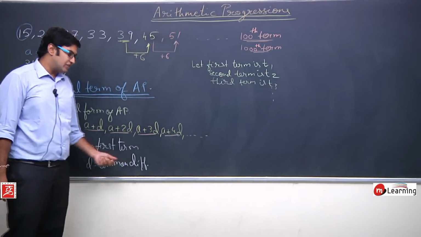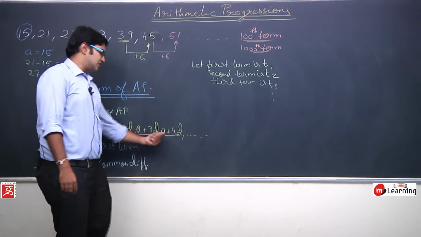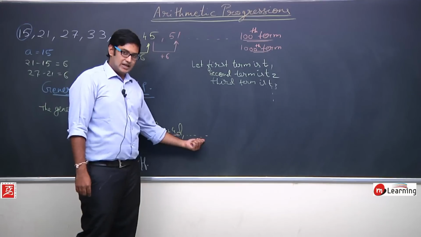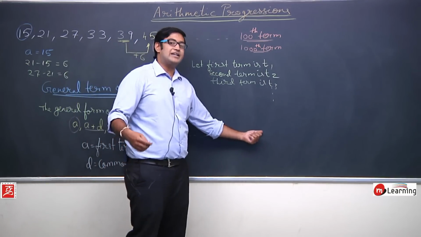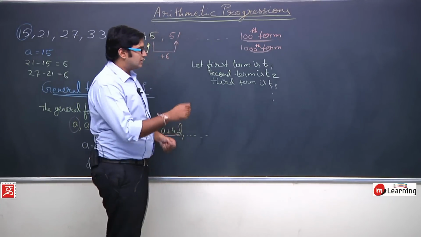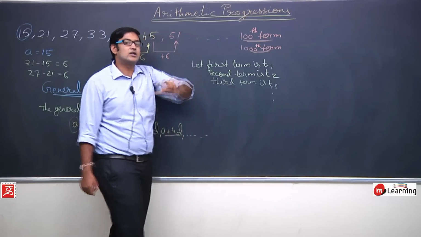Likewise, this is T1, T2, T3, T4, T5, and the sixth term will be T6. If I ask you what is the 100th term, it will be T100. We will represent it by T1, T2, T3 and so on.